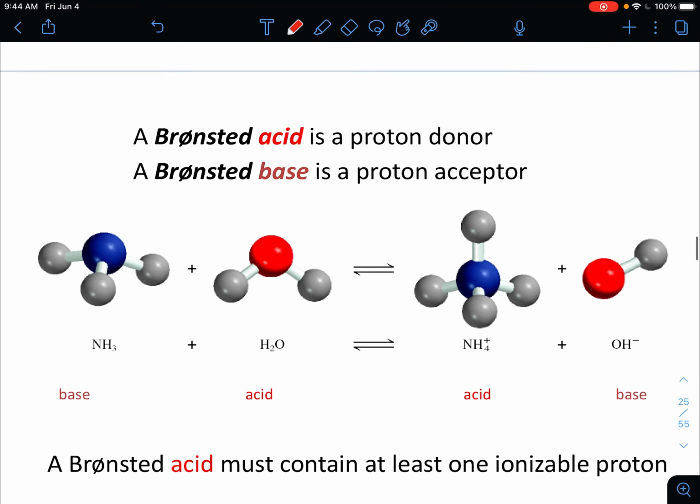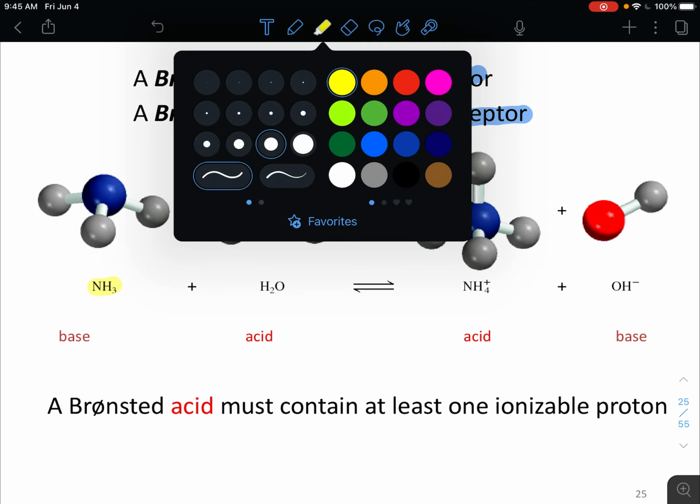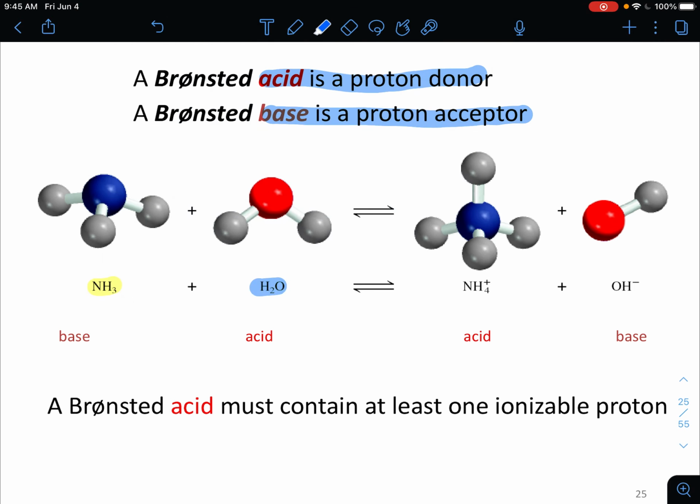So if we go back to our Bronsted-Lowry definition, acid is a proton donor, base is a proton acceptor, so we would expect that we could monitor the movement of a proton from acid to base. So in this case, we've got NH3 and we've got water.